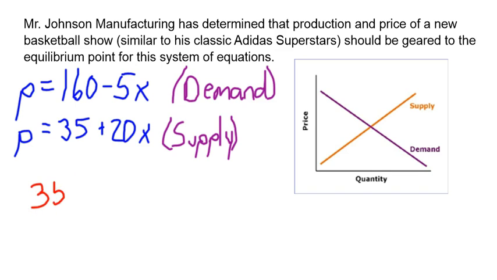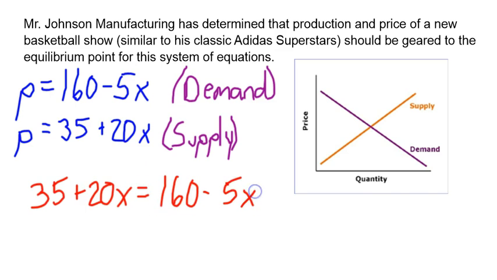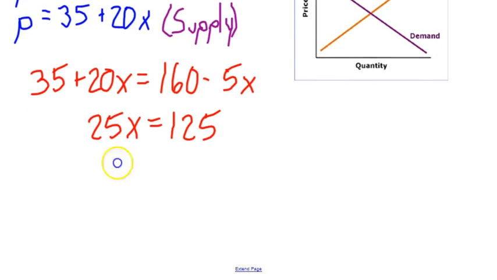So 35 plus 20x is equal to 160 minus 5x. So if we subtract 35 to the right side, add 5x to the left side, we would get 25x equals 125, divided by 25.